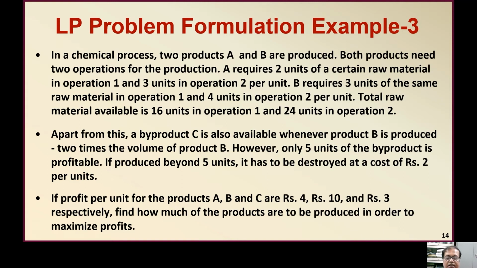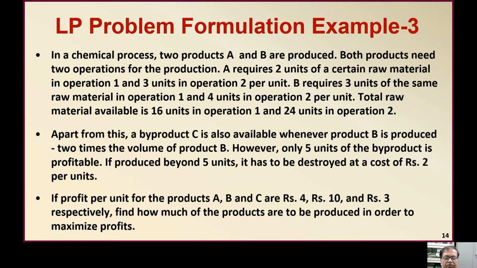But the problem is that only 5 units of this byproduct is profitable, not the entire amount. So what is going to happen? If you produce more than 5 units, you have to then destroy it at a cost of rupees 2 per unit. So not only is there no profit for the additional byproduct, but there is actually a loss of 2 rupees per unit of byproduct.